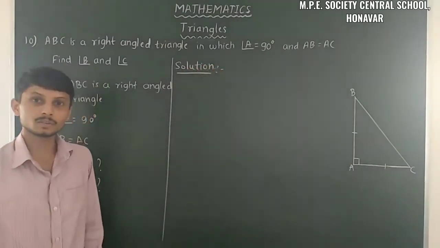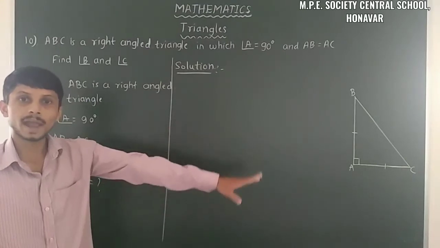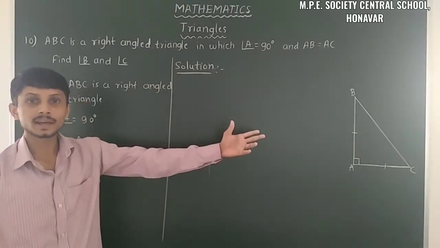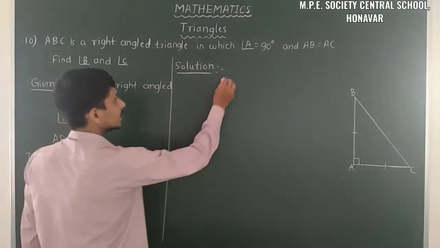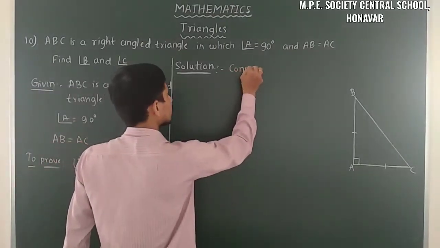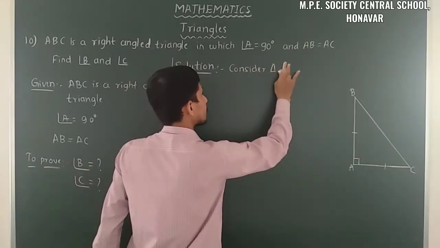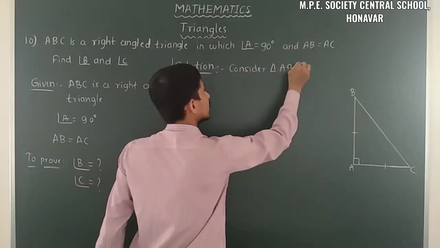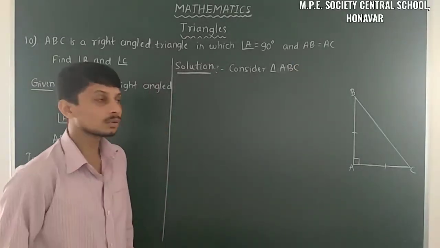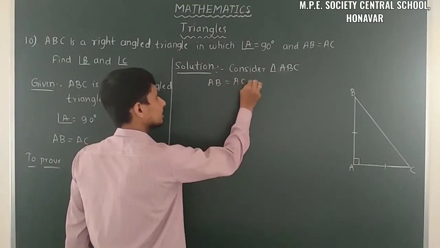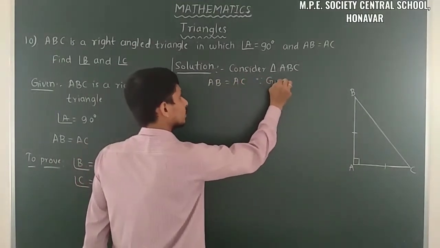Firstly we have to show that those two angles are equal. Consider triangle ABC. In that, AB is equal to AC, because it is given.